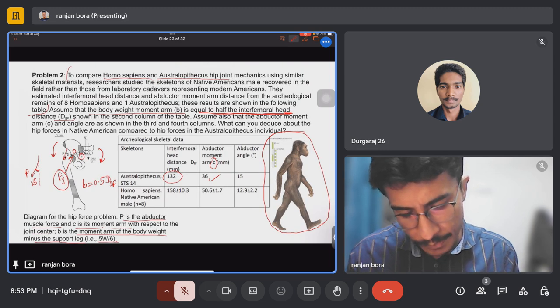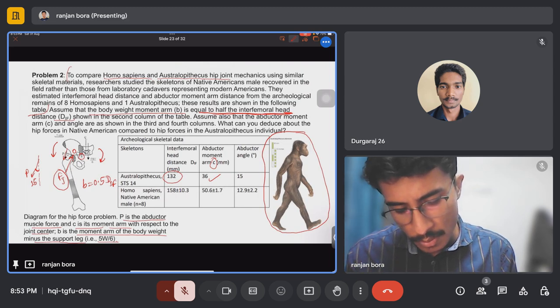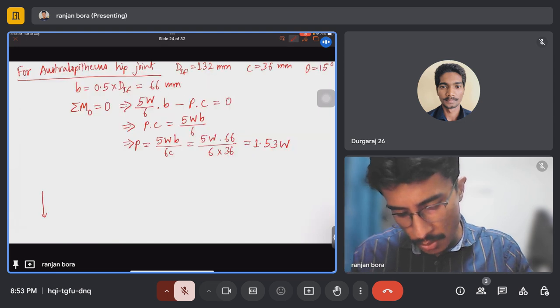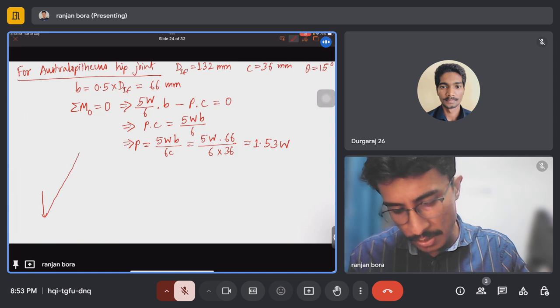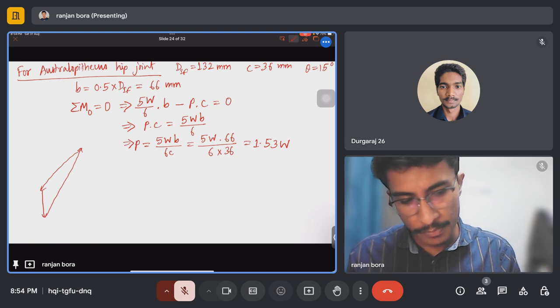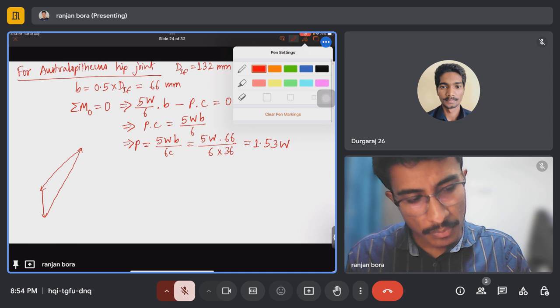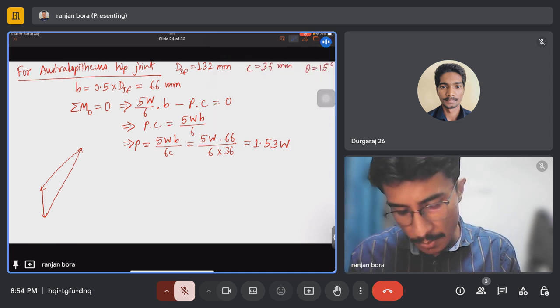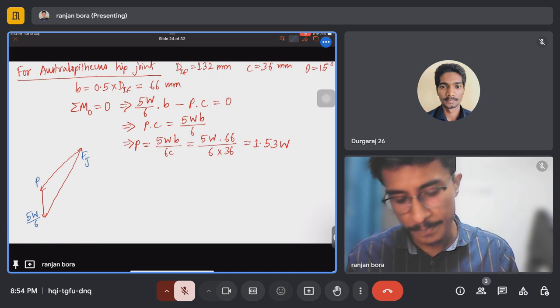Then the joint reaction force is acting along this direction, and force P is acting along this direction. These forces: 5W by 6, this is Fj, and this is force P.